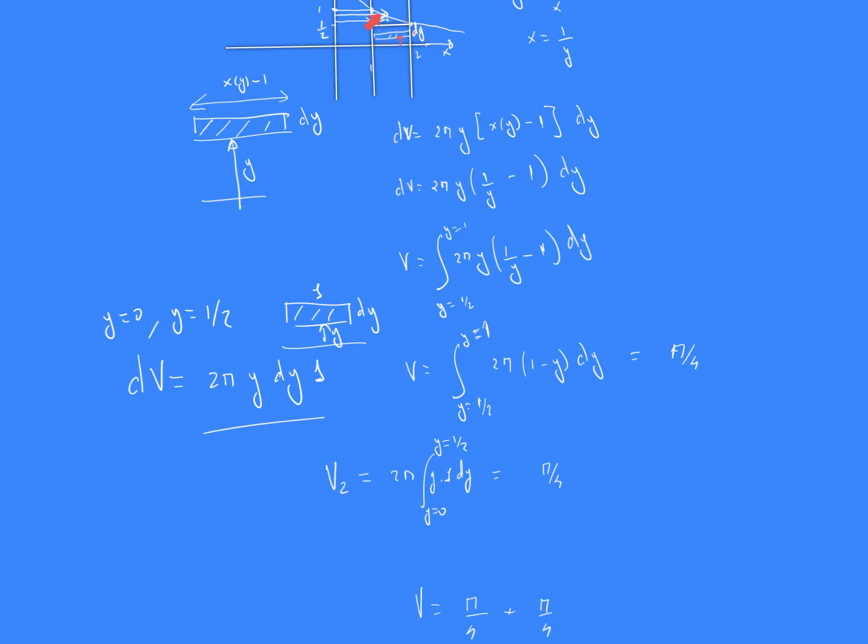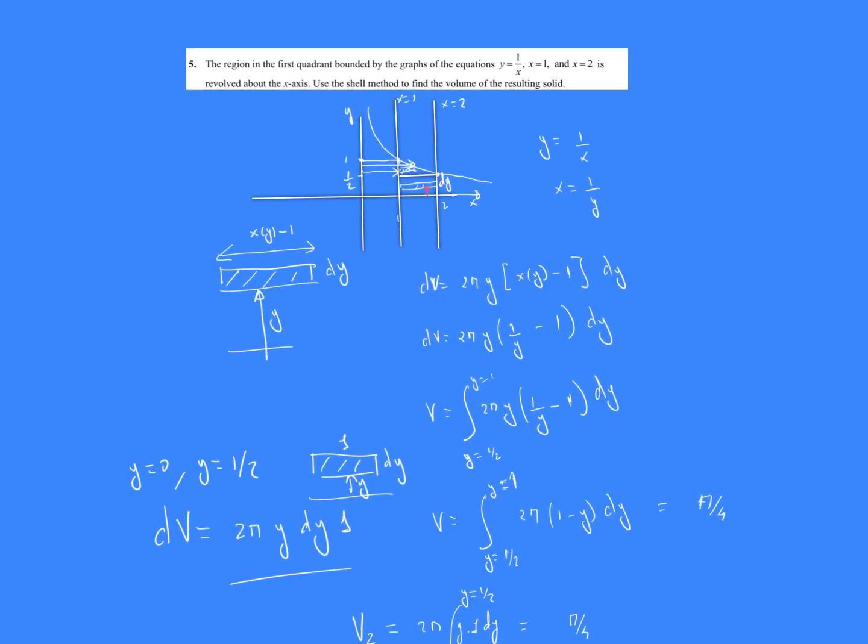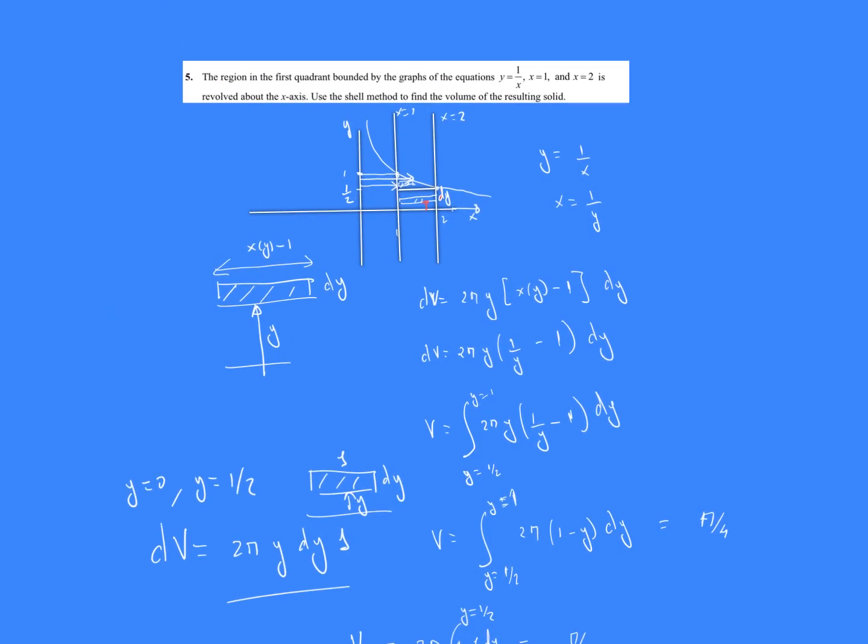The volume generated by this region is this expression. Check if it is pi divided by 4. I think that I made a mistake. And plus the volume generated by this region, that is here. You integrate from y equals 0 to y equals 1/2.